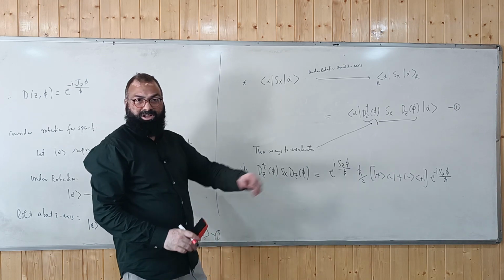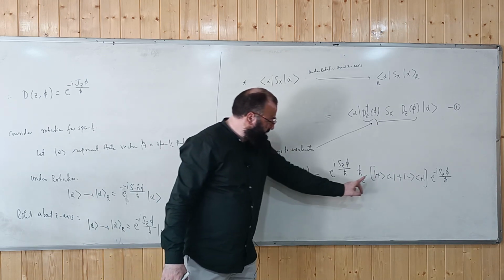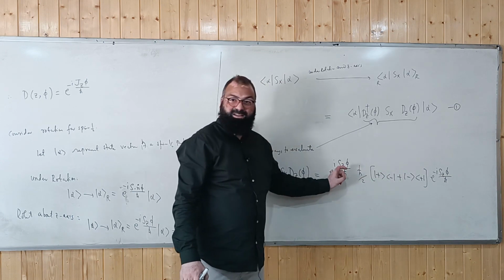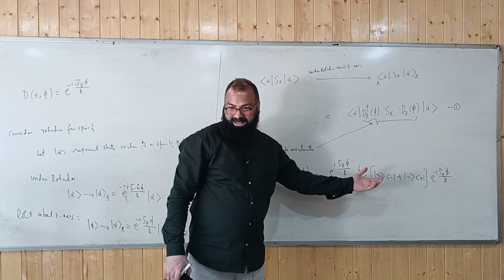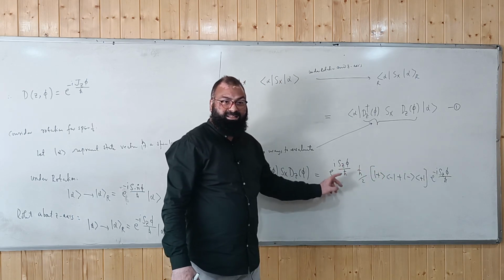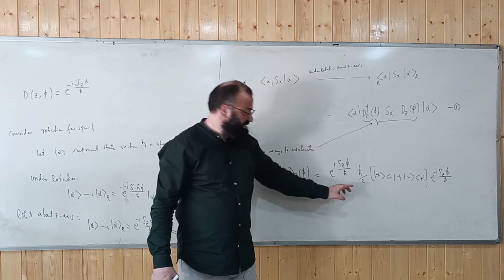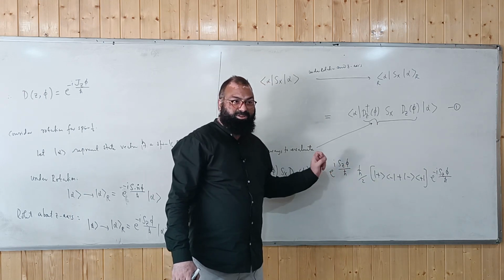Now why does this kind of method work? The reason being that plus is an eigenstate of Sz, and minus is also an eigenstate of Sz. If it were Sx here, then this method would not work, because this is not an eigenstate of Sx.